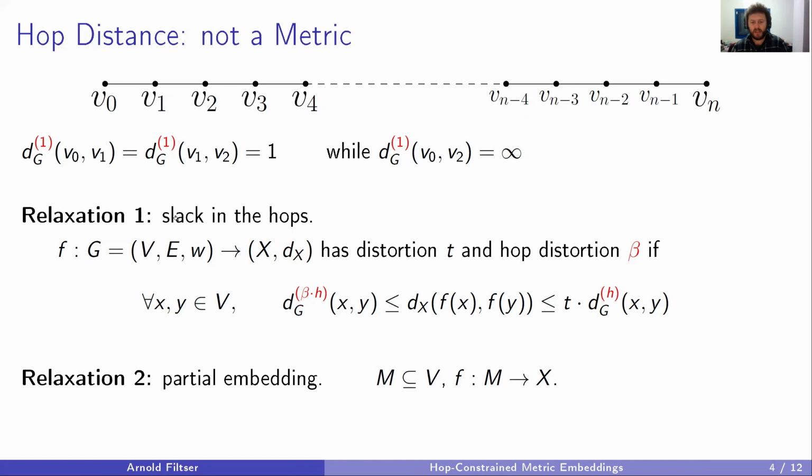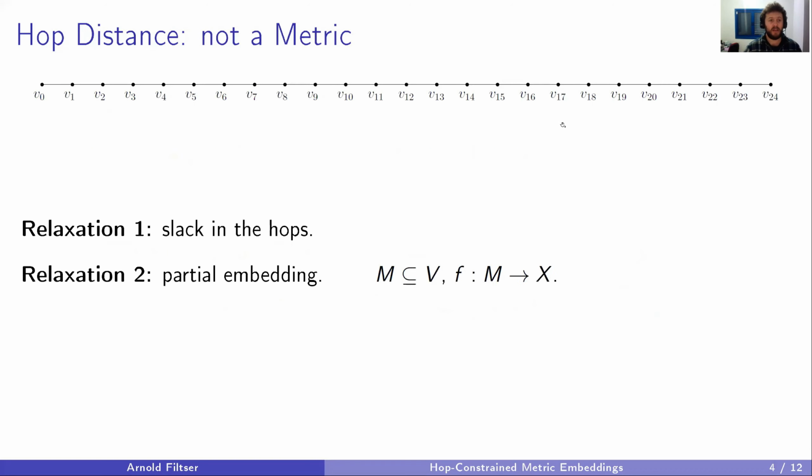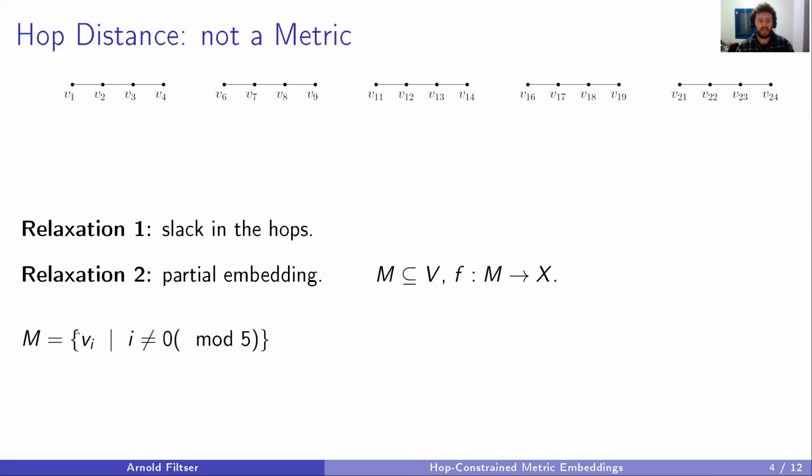And the second relaxation is that we allow embedding only a subset of the vertices. That is, you don't need to embed all of them, but only a subset. Using this relaxation, it is already possible to obtain a nice result, for example, for this n-path here. Consider the set M to be the following subset containing all the vertices Vi such that i is not 0 modulo 5.